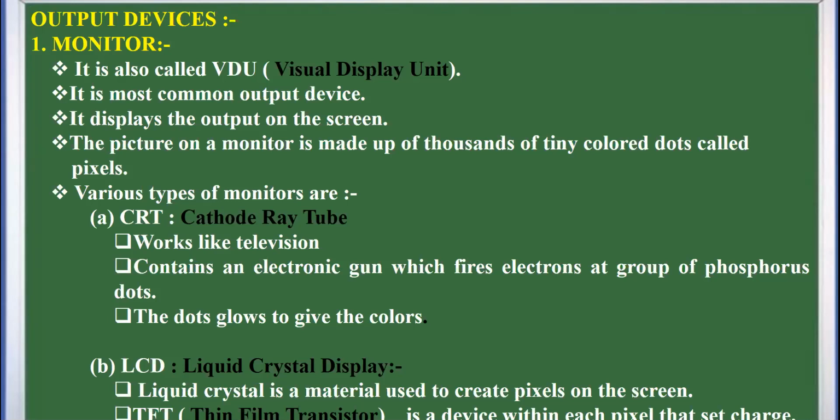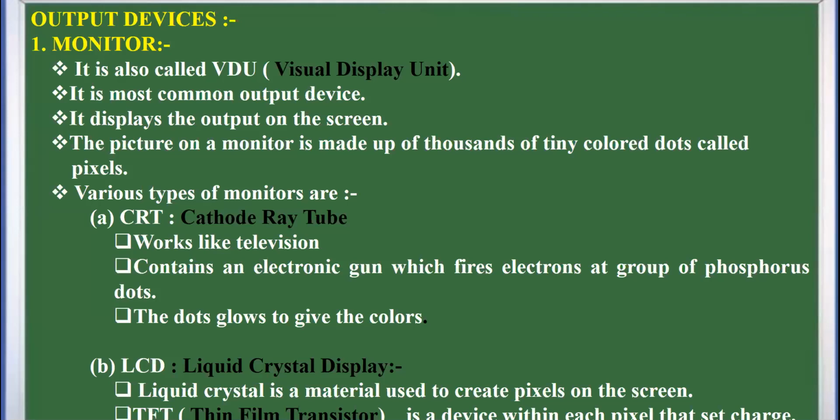All right. Now, various categories and various types of monitors. First is CRT monitor. Beta, you must be aware about the full forms of each category of monitor. Beta, first is CRT, cathode ray tube. What was the main purpose of CRT monitor? Beta, CRT monitors look like television.